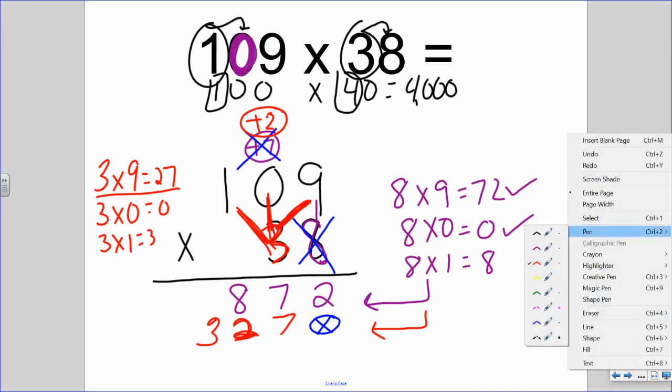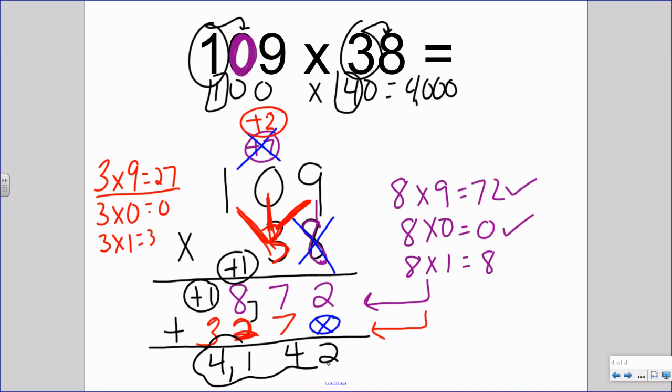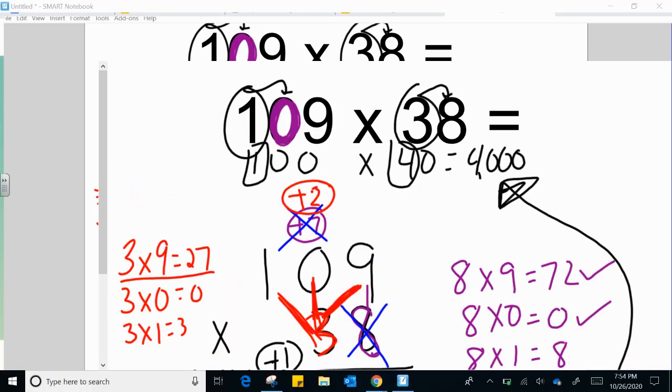And now it's time for me to simply add our 2 partial products together. 7 plus 7 is 14. I know 8 plus 2 is 10, plus 1 is 11. And I know 1 plus 3 is 4. And I get a final product that makes perfect sense with my estimate.